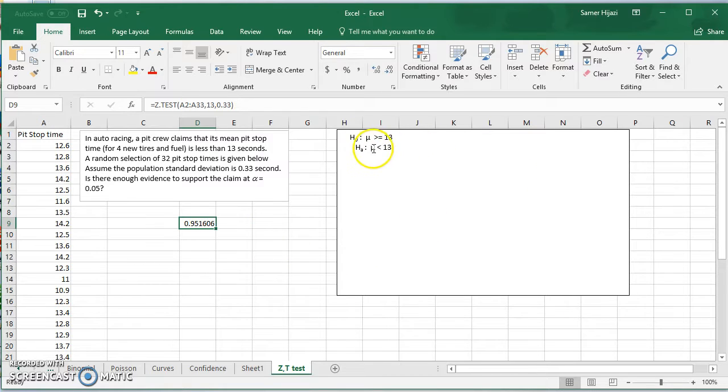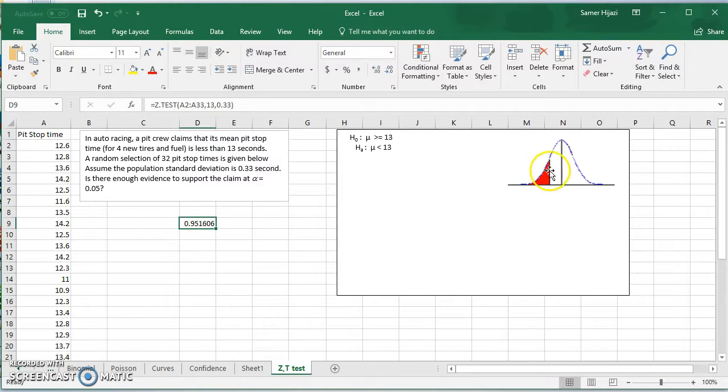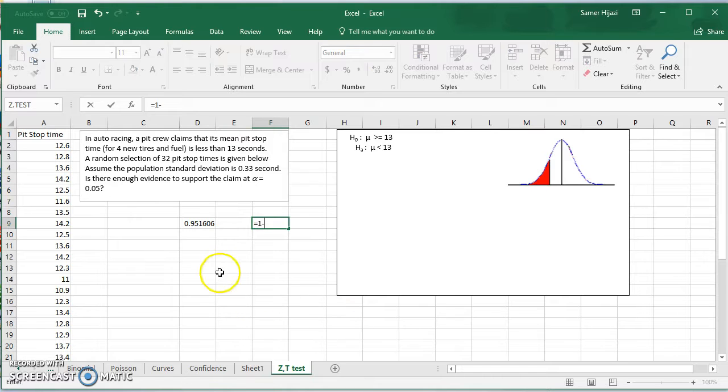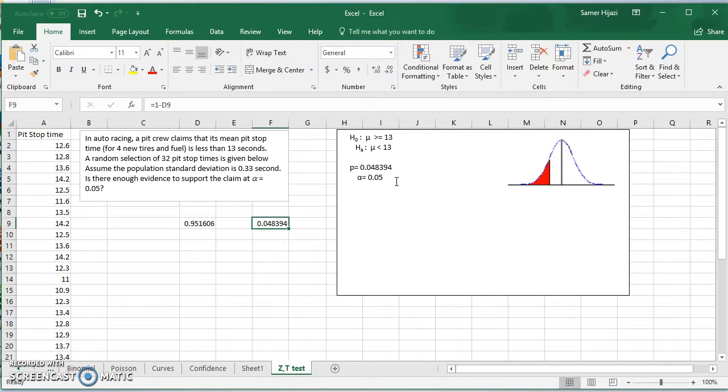If you look at the alternative hypothesis, it says mu less than 13, which means in this case we have a left-tail test. To get the left tail, all we have to do is take 1 minus this value. The z function gives me the right tail, and 1 minus gives me the left, which is what I'm looking for. Now we can compare the p-value to alpha and make a decision.